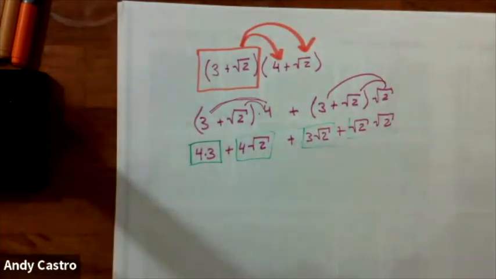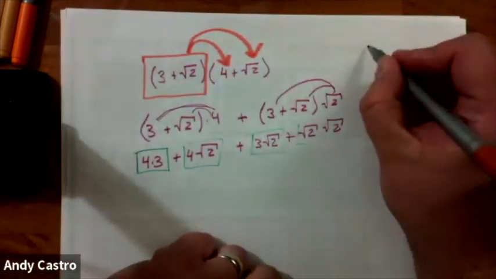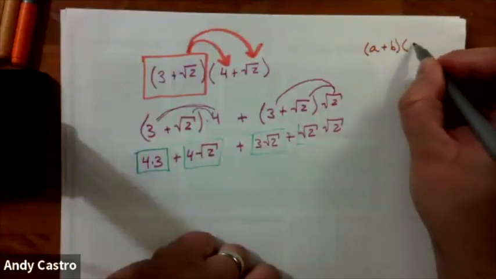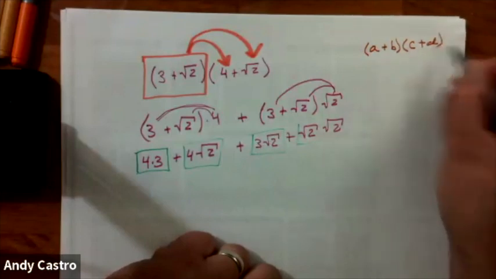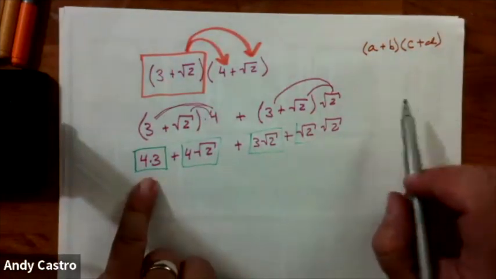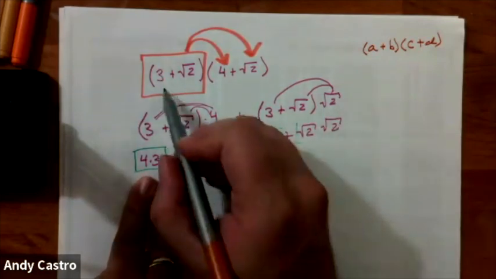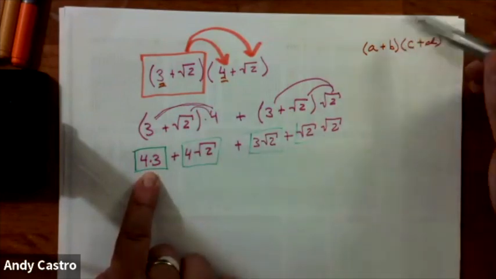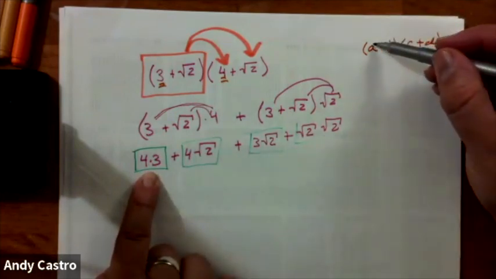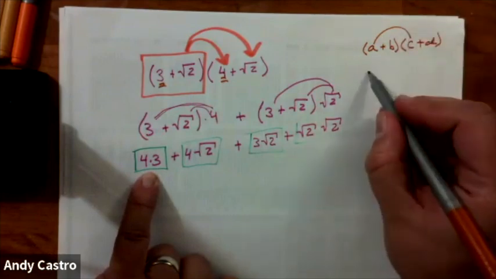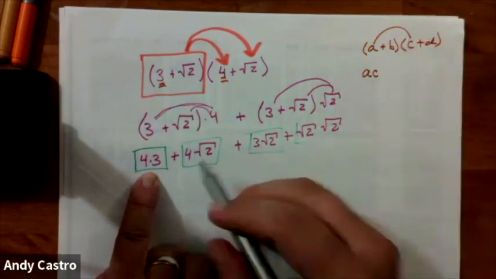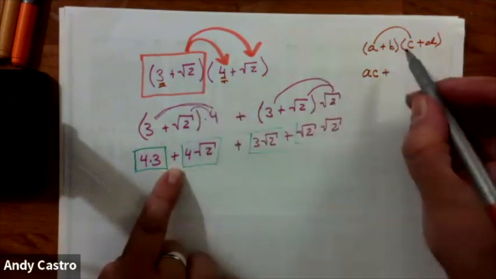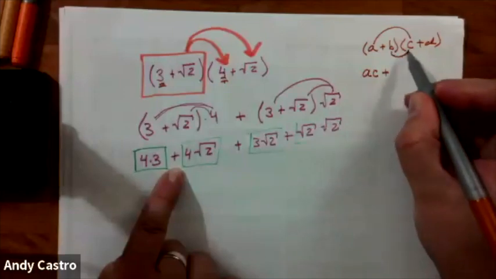So let me show you what that looks like kind of in a generic way. We have A plus B times C plus D, okay? Here, notice my 4 and my 3 are being multiplied together. That's the first term, okay? The first two terms, A times C. Plus, then I have 4 and square root of 2. That's these two terms right here.